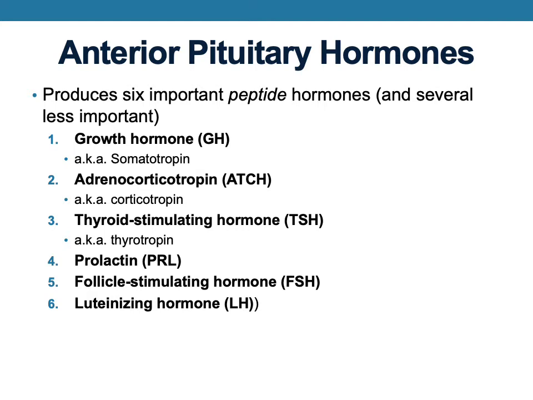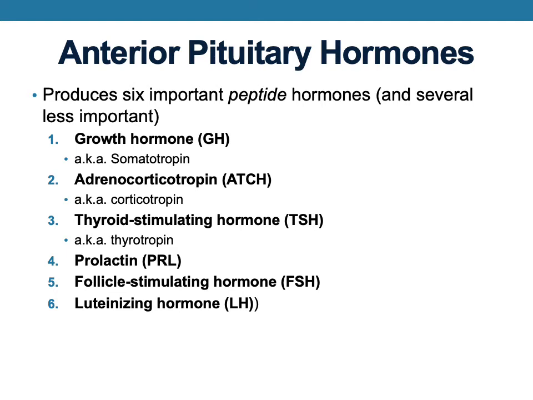The 6 primary anterior pituitary hormones are growth hormone, also known as somatotropin, adrenocorticotropin, also known as corticotropin, thyroid stimulating hormone, also known as thyrotropin, prolactin, follicle stimulating hormone, and luteinizing hormone.